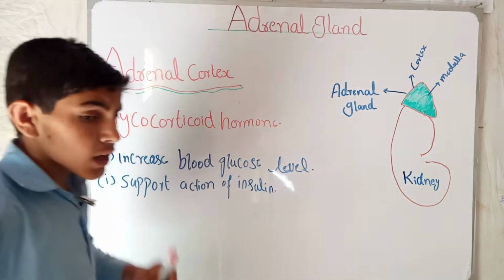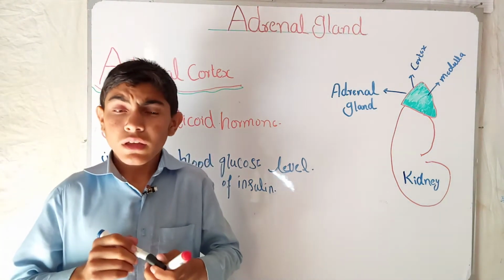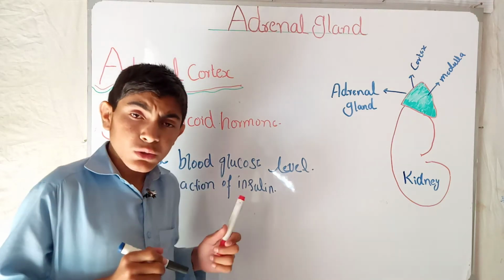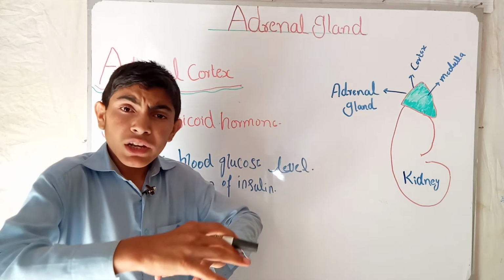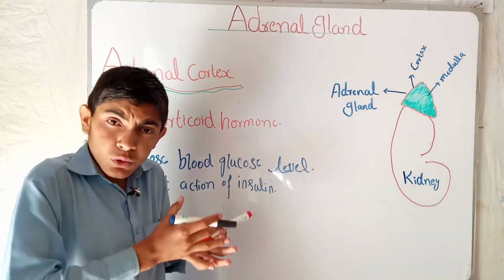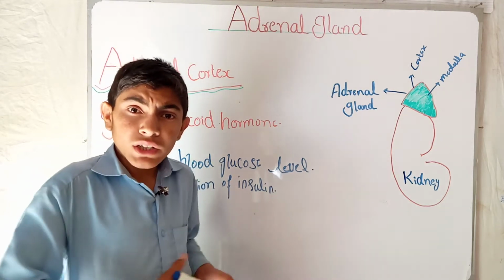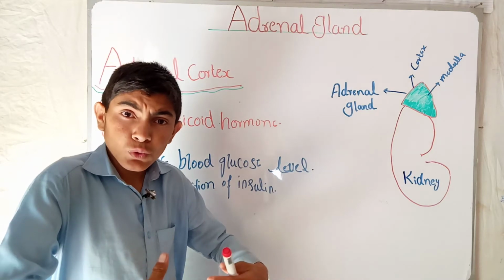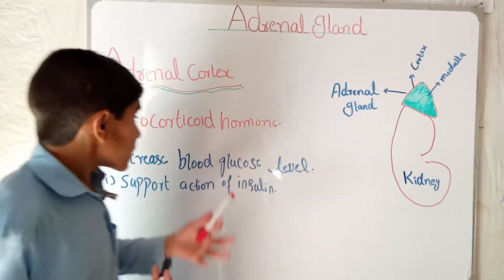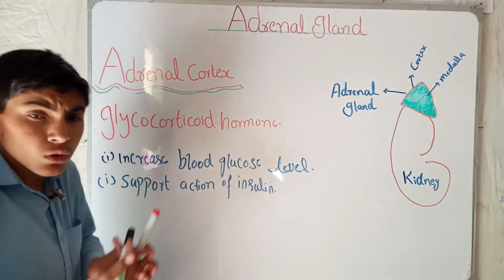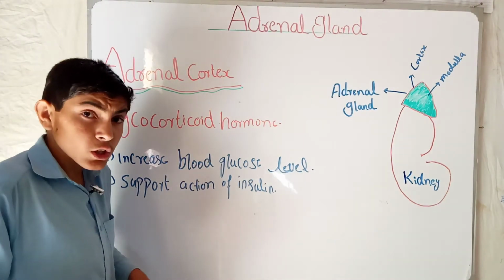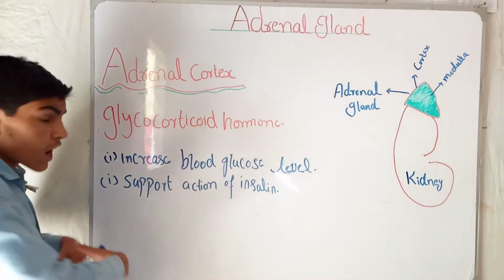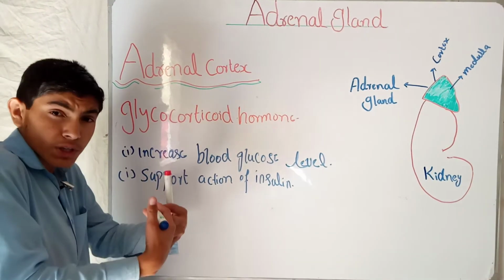Insulin is another hormone which is secreted by the pancreas as an endocrine hormone. It also increases the blood glucose level by converting glycogen into glucose. So the glucocorticoid hormone also supports the action of insulin, which means it also increases the blood glucose level.